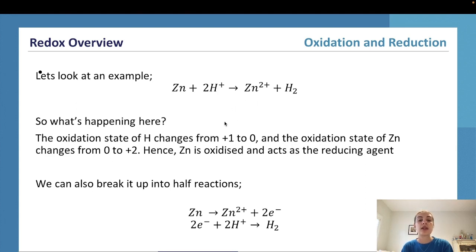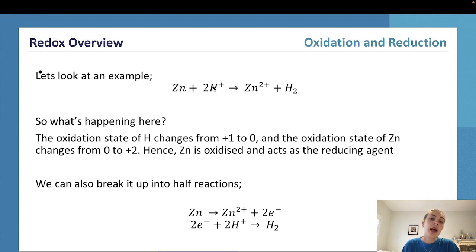So the oxidation state of zinc is going from 0 to 2+, so it's losing 2 electrons and it's being oxidized. What is being oxidized acts as a reducing agent. So we can say zinc is oxidized, and zinc is the reducing agent.